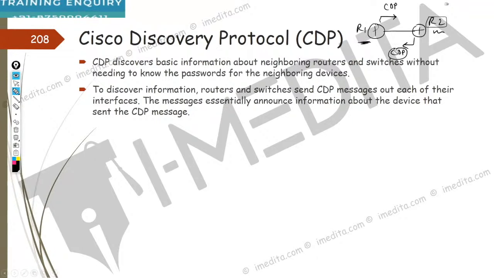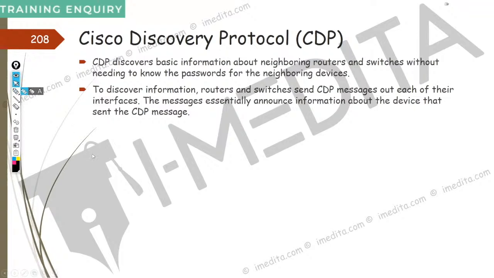So these messages are in a way announcing this device, like R2 with this IOS, and in certain cases you will see IP address information about those devices too. All this is carried in that message.